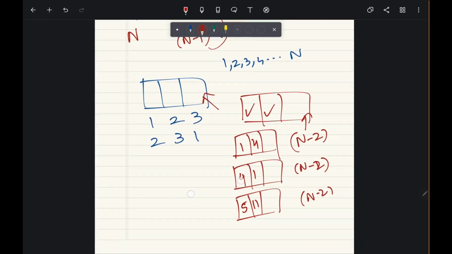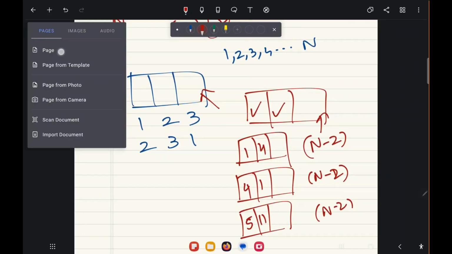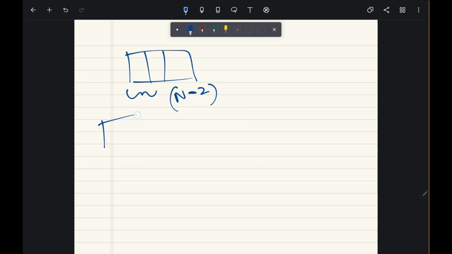And that means for every combination, or every arrangement of the first 2 boxes, I get n minus 2 choices. But in total, how many possibilities are there, or how many cases are there for the first 2 boxes, right?